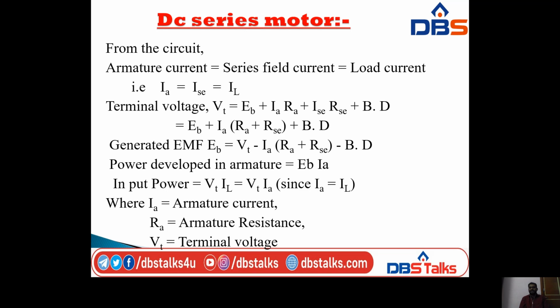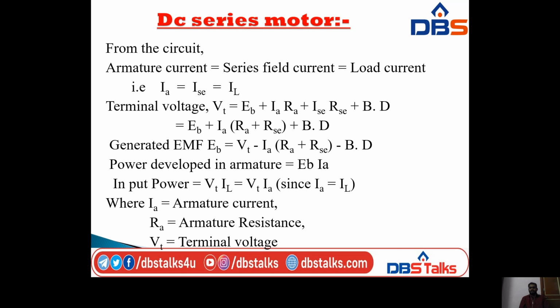From the circuit I am writing the power developed in the armature, that is equal to Eb into Ia. And next, the input power, that is the power delivered to the load, is equal to Vt into IL. Here IL is equal to Ia, which is equal to Isc. So I am writing Vt into Ia.